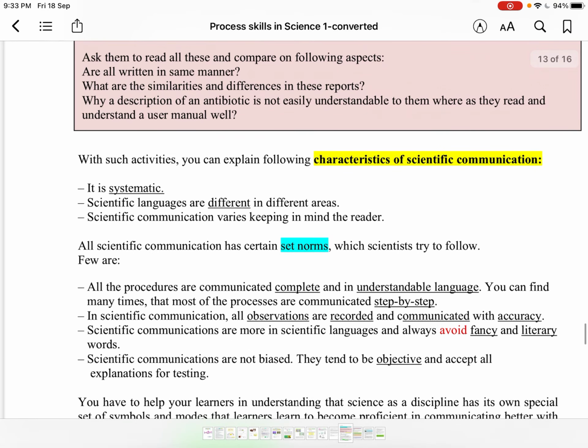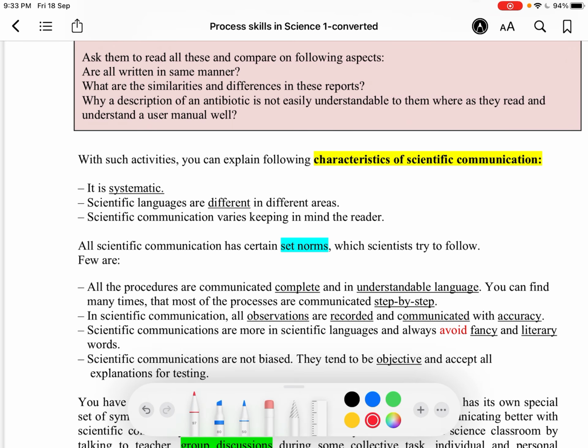Then after that, scientific communication is to be emphasized by the teacher.